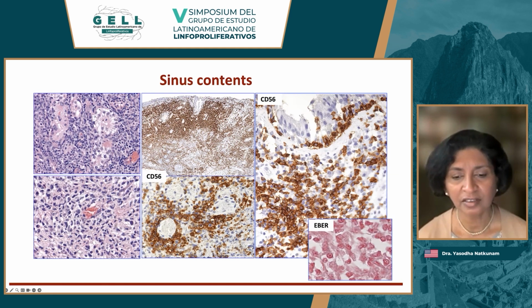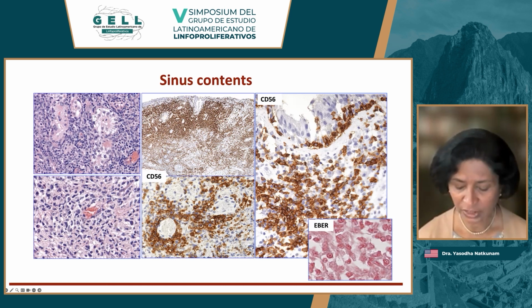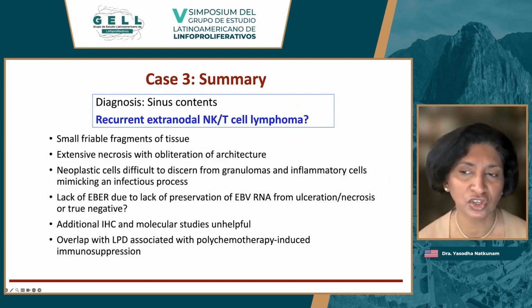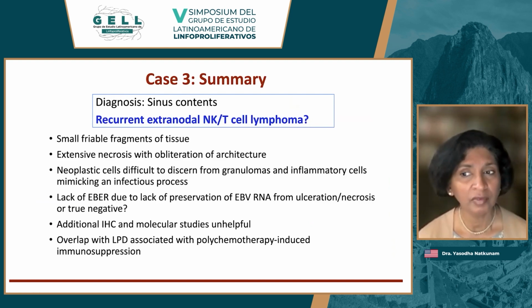Even though it had CD56, it actually lacked EBV. So in this situation, it was actually questionable whether this was recurrent extranodal NK/T-cell lymphoma, and we were not able to make a full diagnosis and requested more tissue for further workup. There were small friable fragments of tissue, extensive necrosis, obliterating architecture.